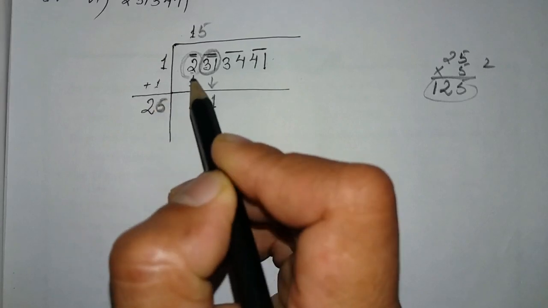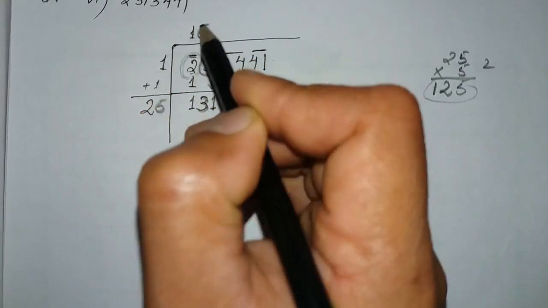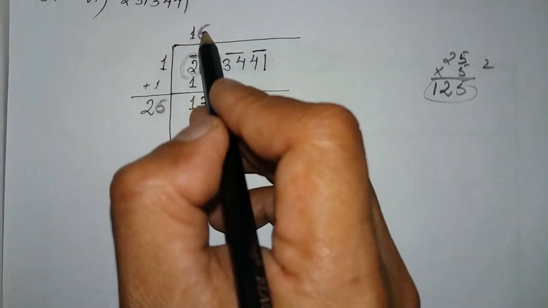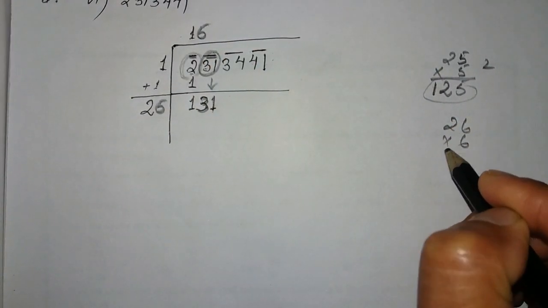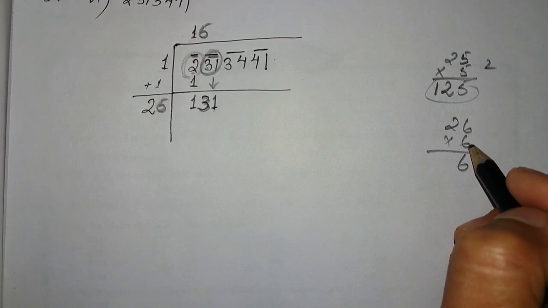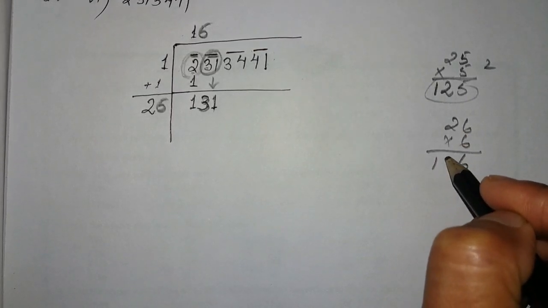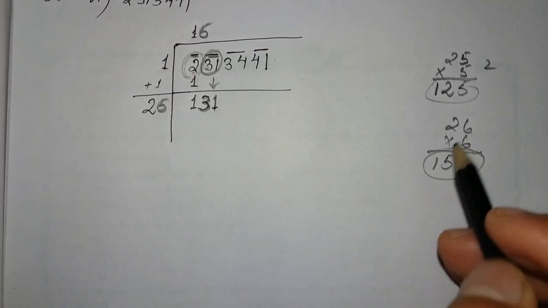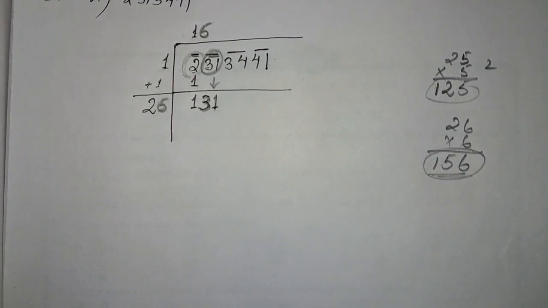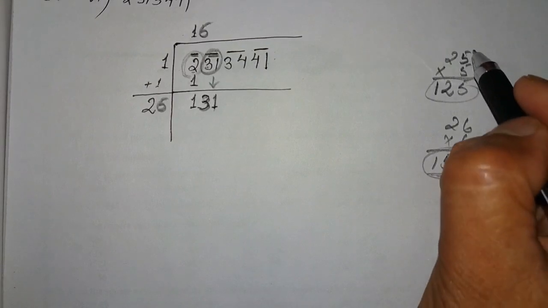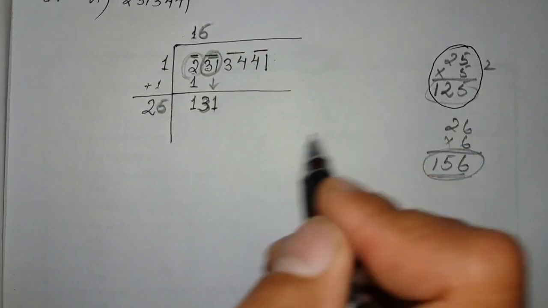Now if you try with 6, it will be too big. So we see 2 6, then you have to write here 6. If you write here 6, then you have to write here 6. So 26 into 6. 6 6s are 36, 3 and carry n. 6 2s are 12, plus 3 is 15. So 156. This 156 is too big because we have only 131 here. So what we're going to take is 5.